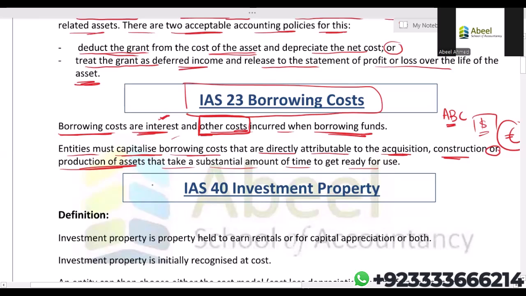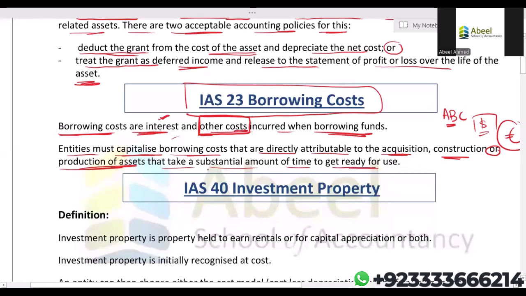Basically, when we say IAS 23 borrowing cost, logically this is applicable on a qualifying asset. A qualifying asset is an asset which takes a substantial amount of time to get ready for use.